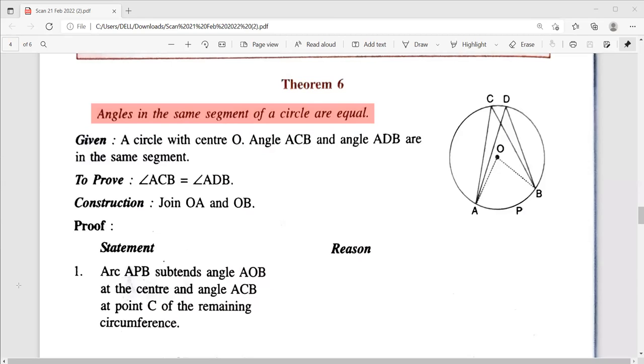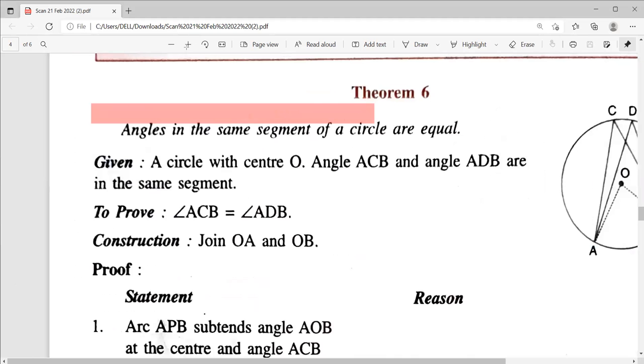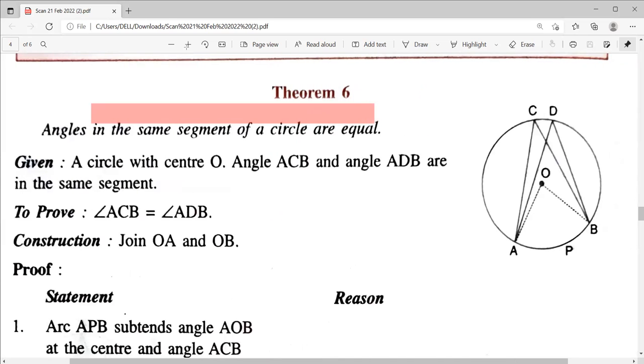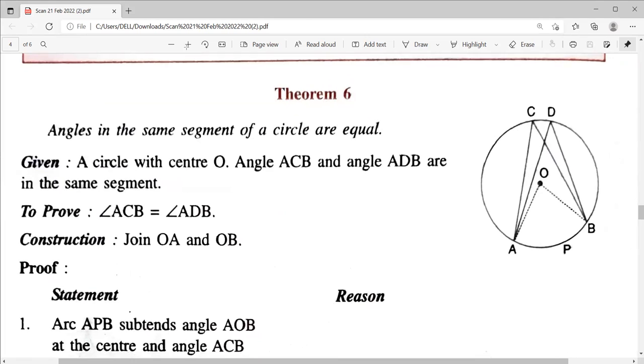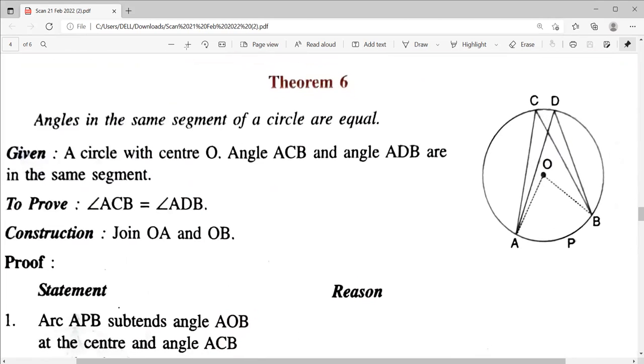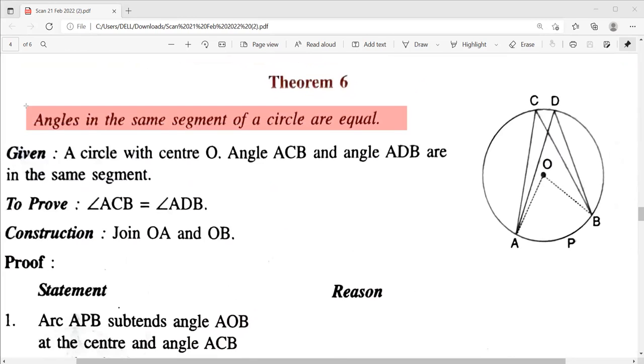So look at this diagram which you have on the screen right now. Angles in the same segment of a circle are equal.